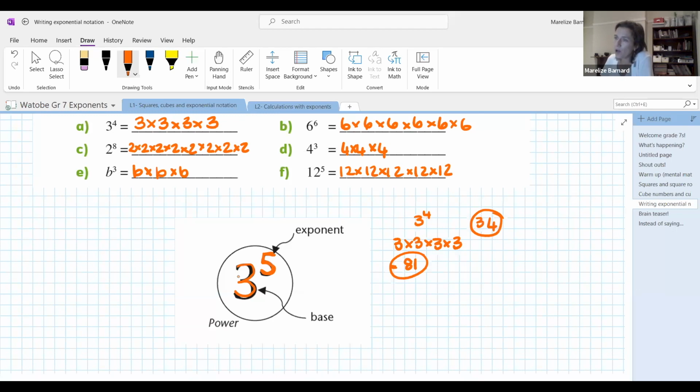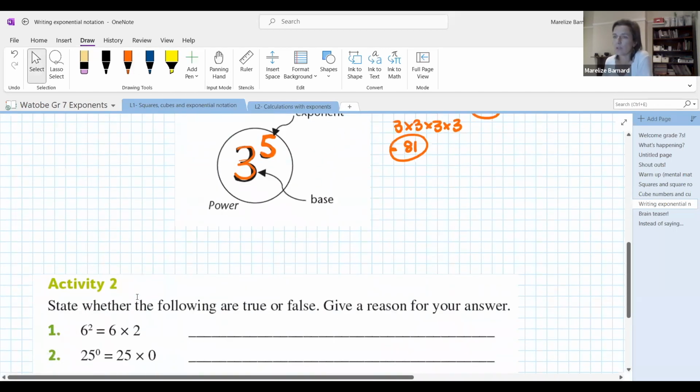And the whole thing, the 3 with its exponent, is called a power. So the exponent is the small number that hangs out at the top there. The big number is called the base. That is the number that is being multiplied by itself. And all of this together is called a power.